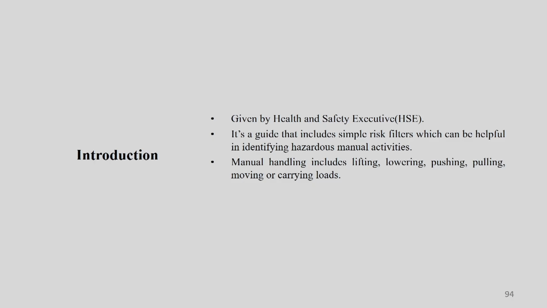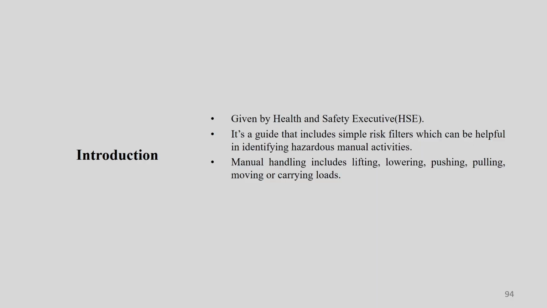So let us understand the basic concept of it. As I mentioned, it is given by HSE, the Health and Safety Executive. It is a guide. It's not a very specific calculation or indexing, it's some kind of guideline. It includes simple risk filters.